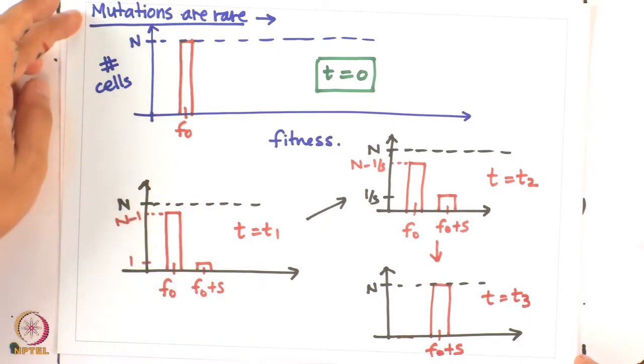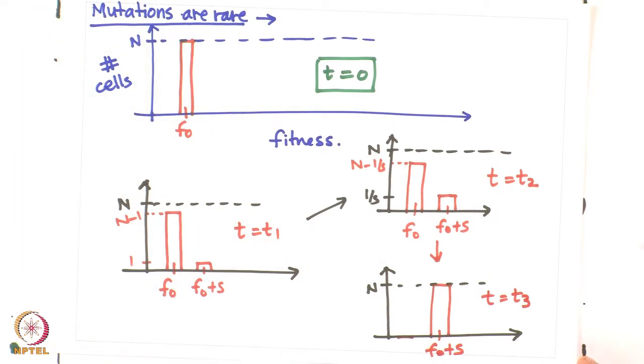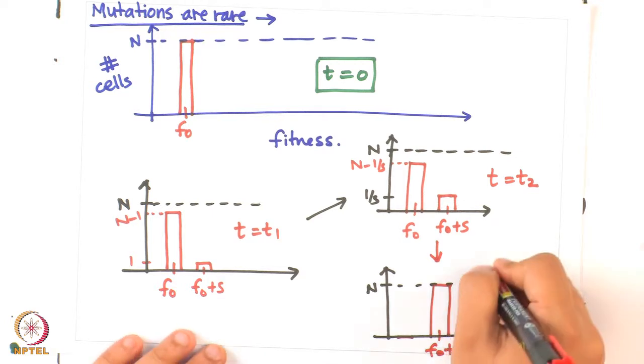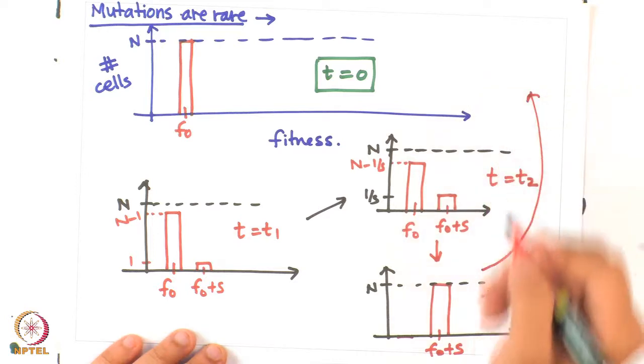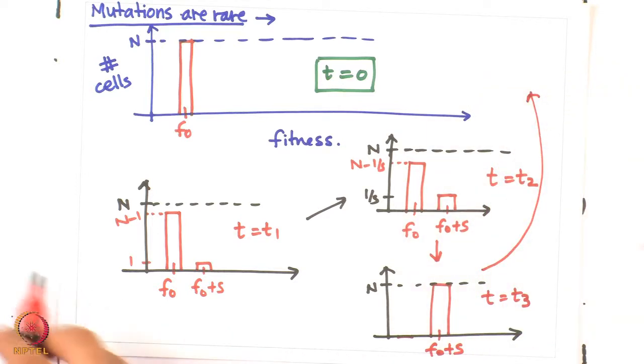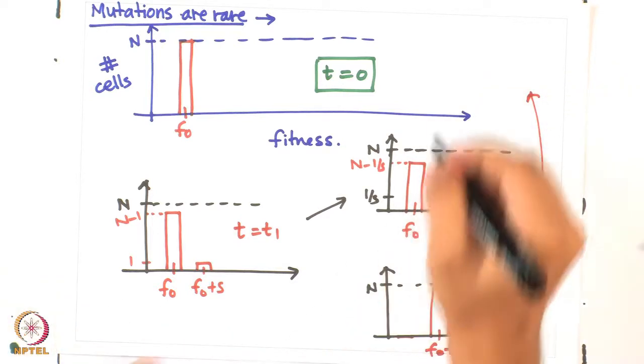Then under this regime that we just discussed, fitness mutations are relatively rare. You have to wait a long time before the next mutation occurs at t equal to t4 and gets established.